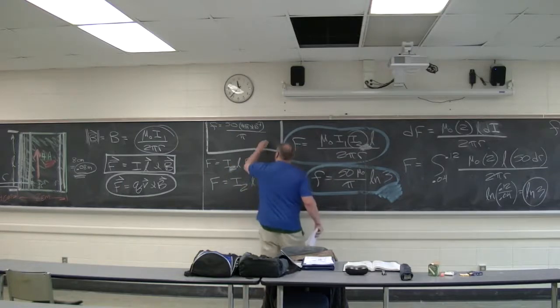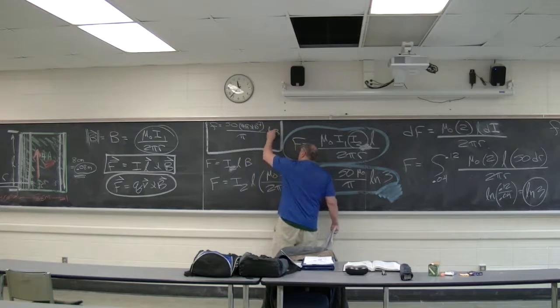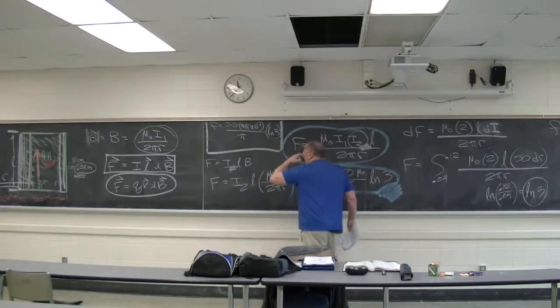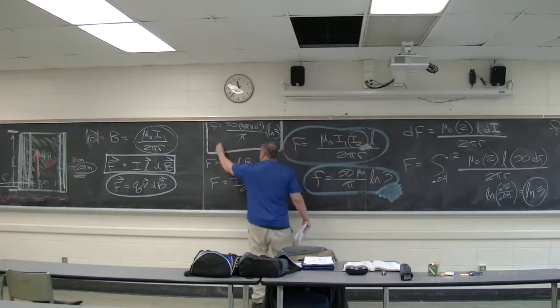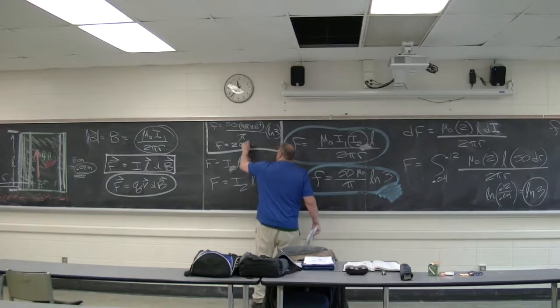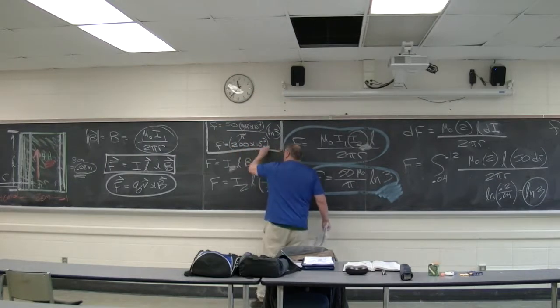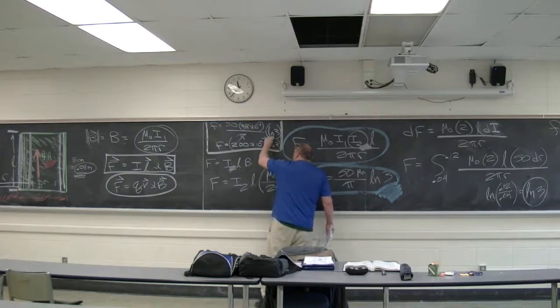So you got this. F is going to be 200 times 10 to the negative 7. Just watch what you're doing, guys.